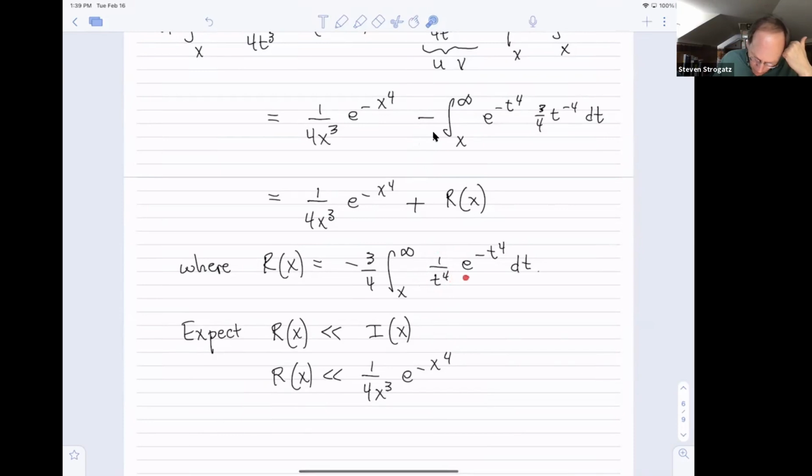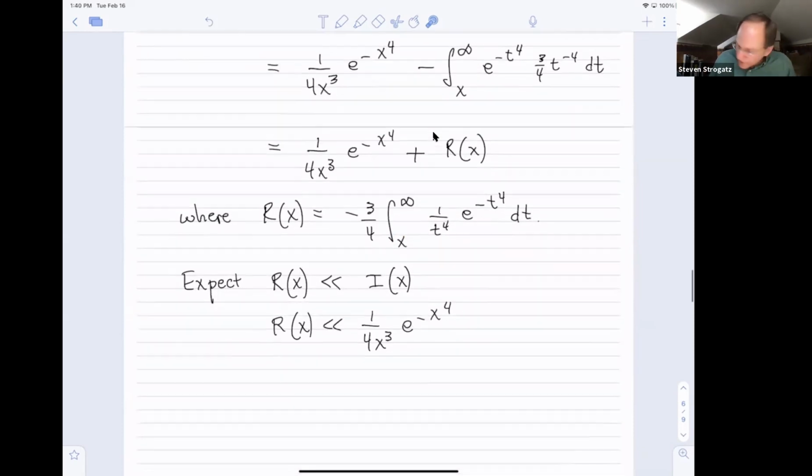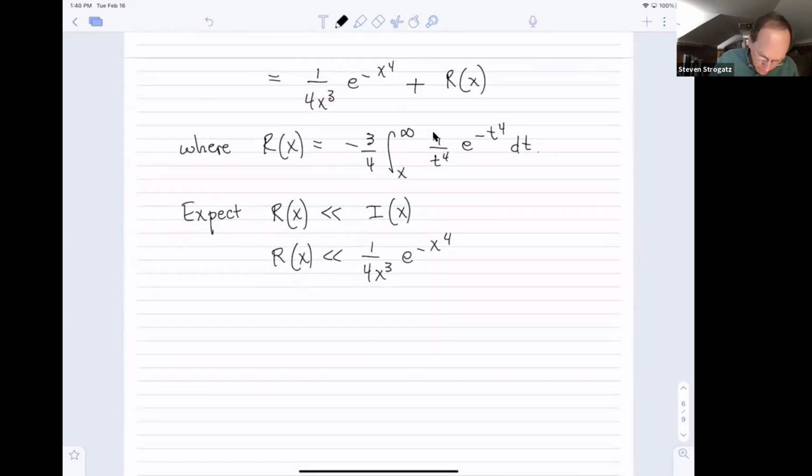Sort of compare this to what we had in the first place when we were looking at I of X. This stuff right here is the integrand for I of X, but then this has this additional term, 1 over t to the fourth, where the t is greater than X, which is itself a large number. So we're getting a boost. We're getting an extra 1 over X to the fourth kind of thing happening in the integrand. Right, and this is similar to what Jackson is saying too. Yeah. So this is the idea that this 1 over t to the fourth in the integrand is really going to help us out.